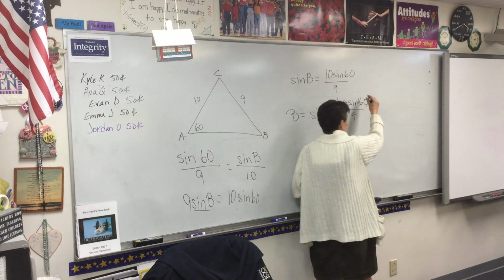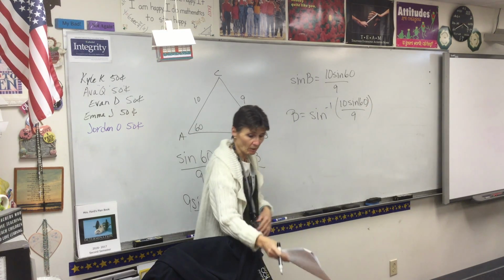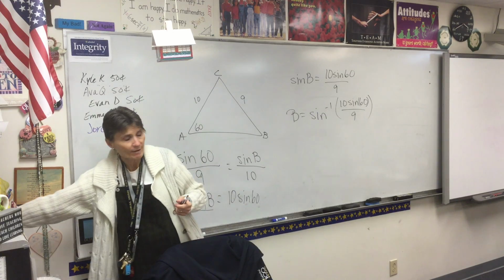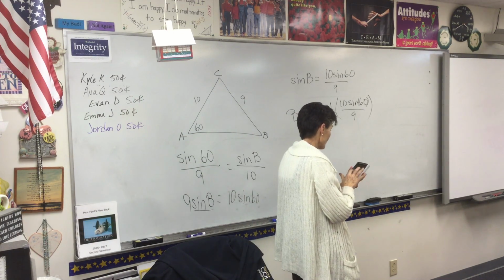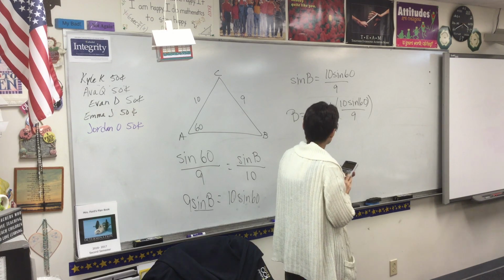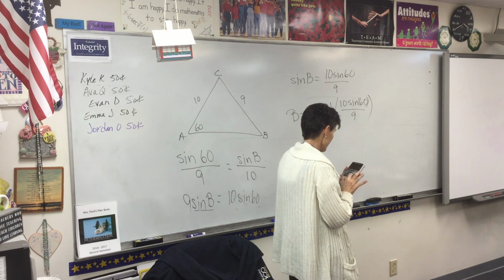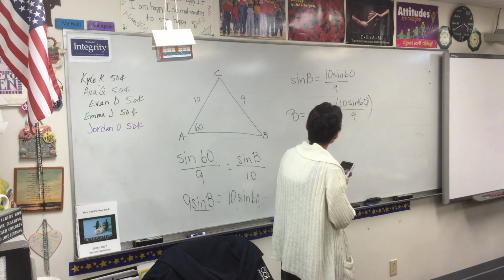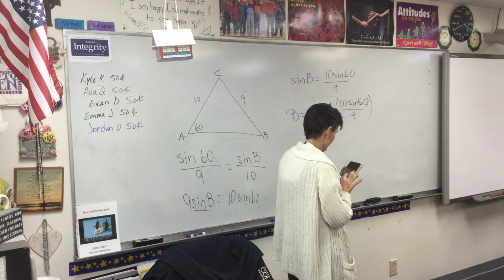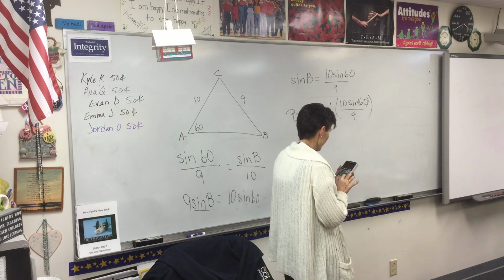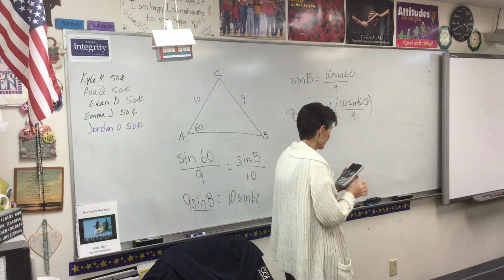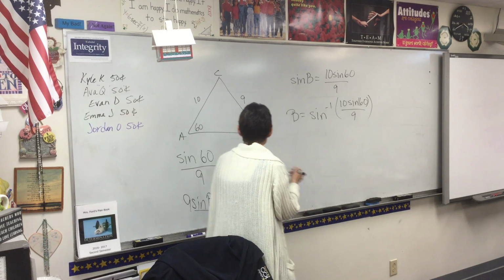After the 60, make sure you close that off. The calculator will do everything else for you. So here we go. Second sine, 10 sine 60, close parentheses, divided by 9. I got 74.21.